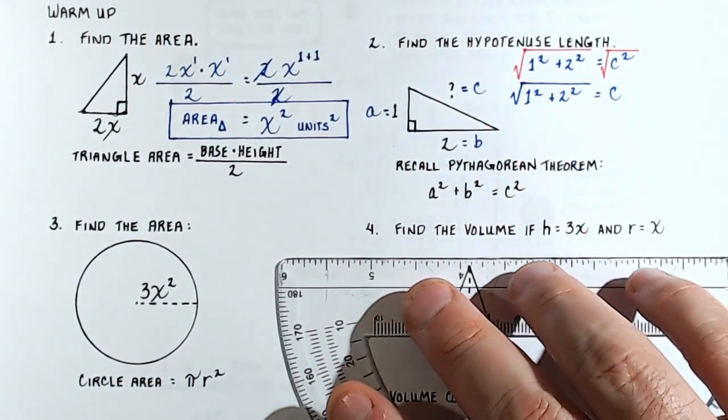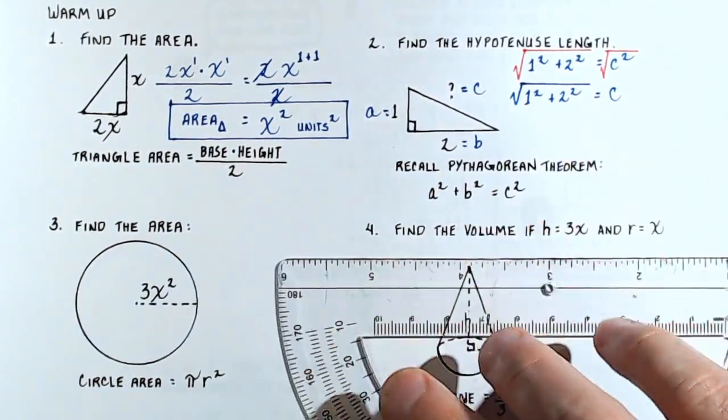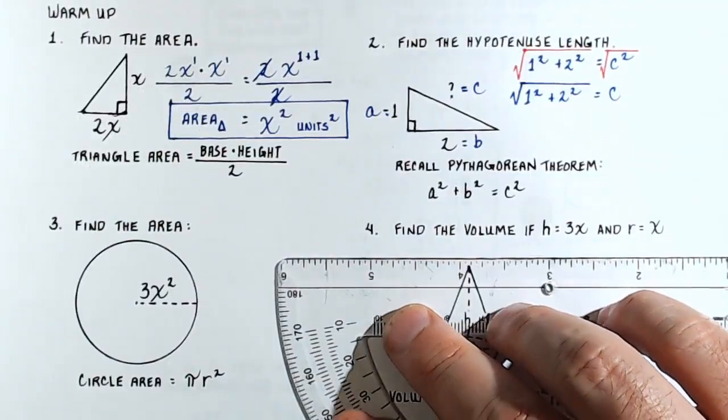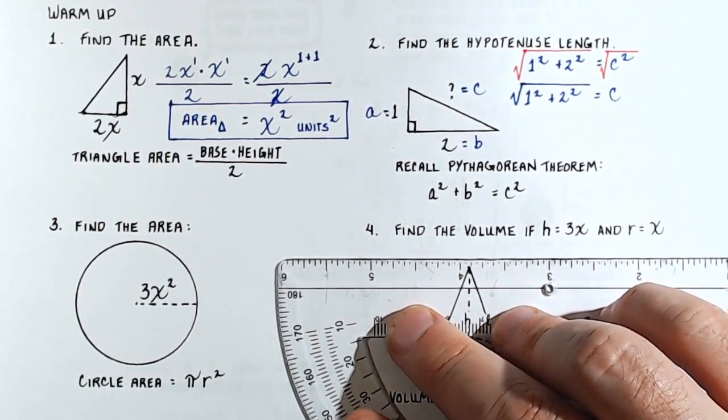Now I just need to figure out what these are. 1 squared is 1, 1 times 1 is 1. 2 squared is 4, 2 times 2 is 4.